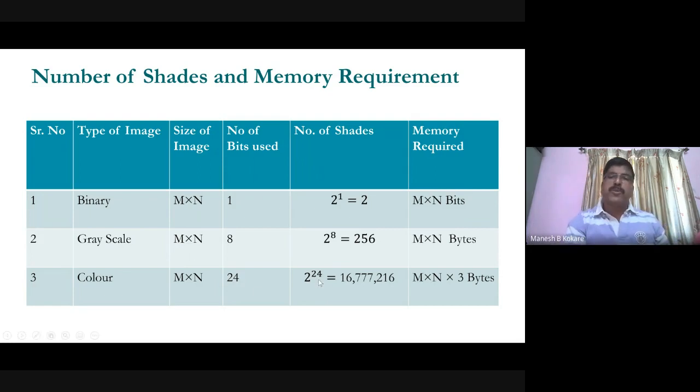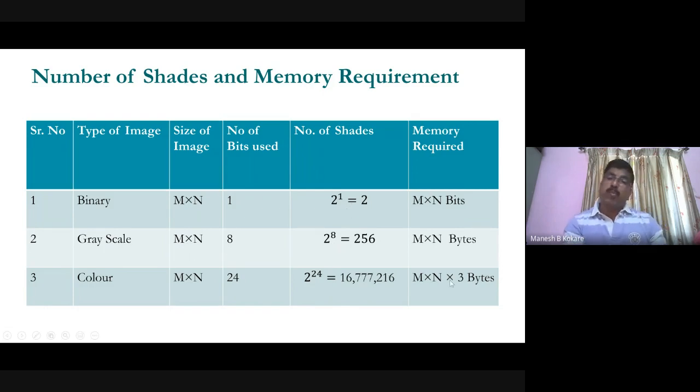So the number of shades will be 2 raised to 24, which is 16777216. So that is almost 16 million color shades in a color image. And how much memory will be needed for storing this? See that you get more shades. Definitely a color image will be more beautiful in appearance as compared to a grayscale or binary image.